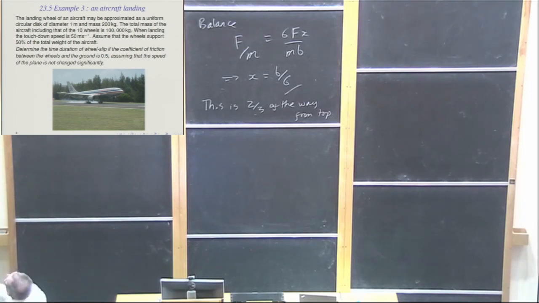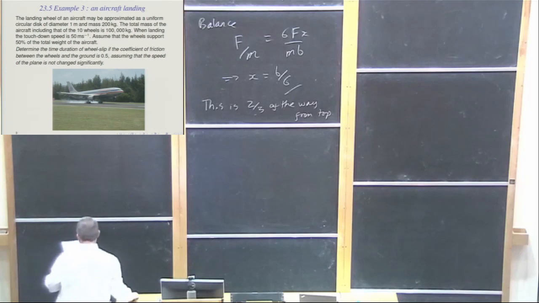It lands at a speed of 50 meters per second, and we assume at that moment that the wheels support 50% of the total weight of the aircraft, because there's obviously still some upward push from the air under the wings. Okay, so it says determine the time duration of wheel slip if the coefficient of friction between the wheels and the ground is 0.5. And we should assume that the speed of the plane is not changed significantly.